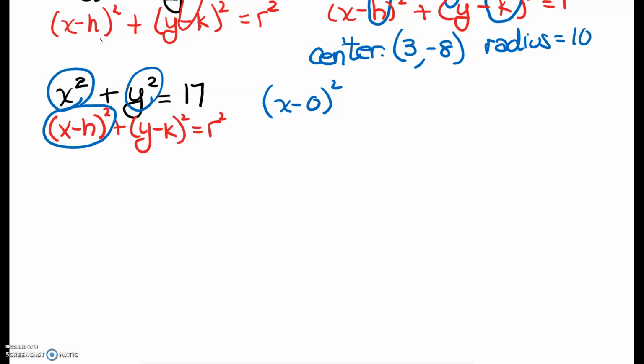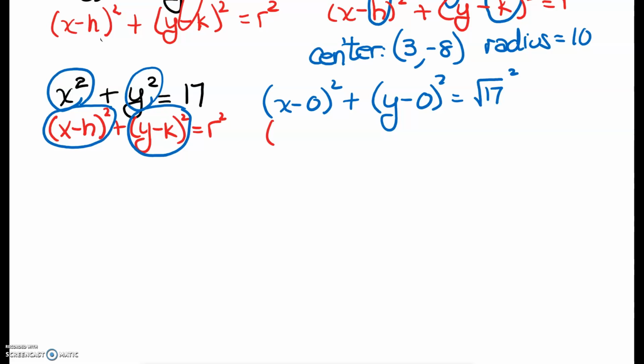Here again, I have my y squared term, and I need to have been subtracting something from it, and there's nothing being subtracted. So I'm going to subtract 0. And 17 is not a perfect square. So I'm going to rewrite it as the square root of 17 squared.